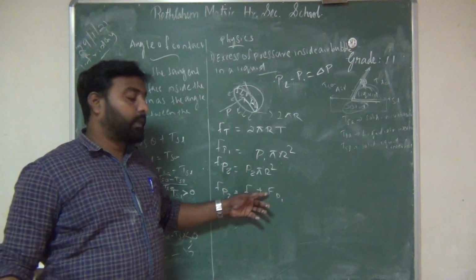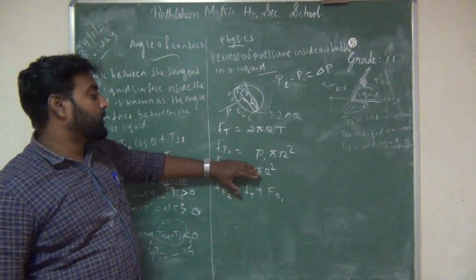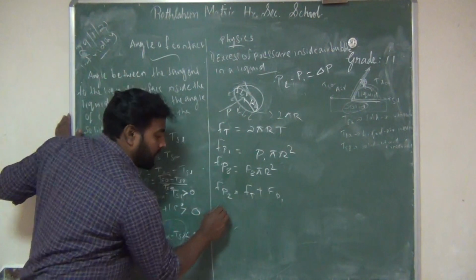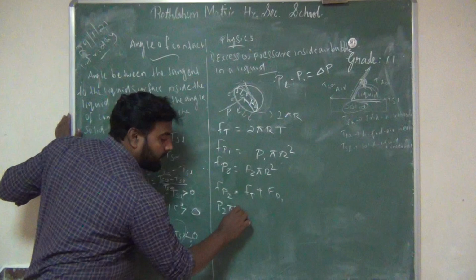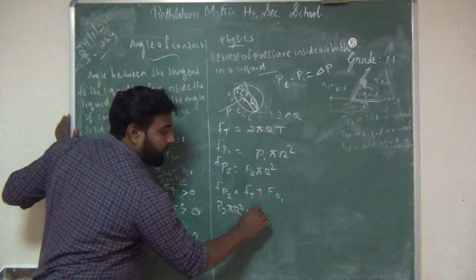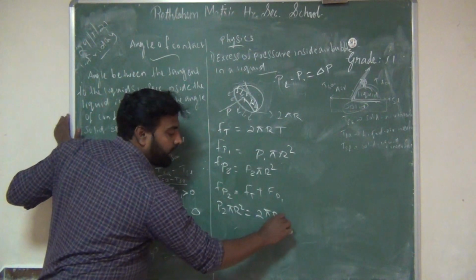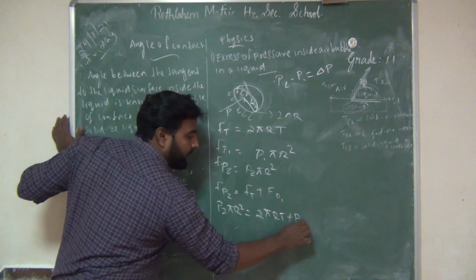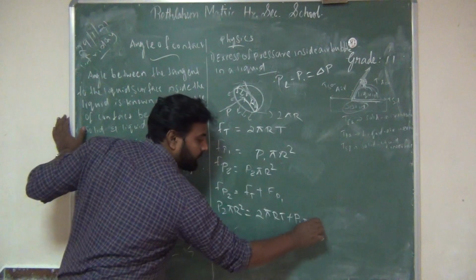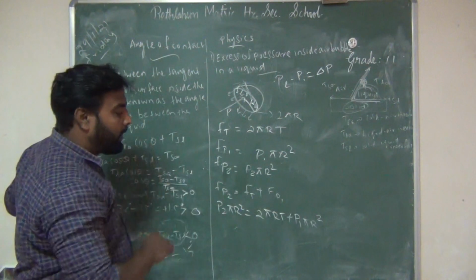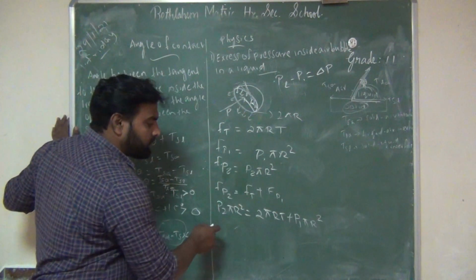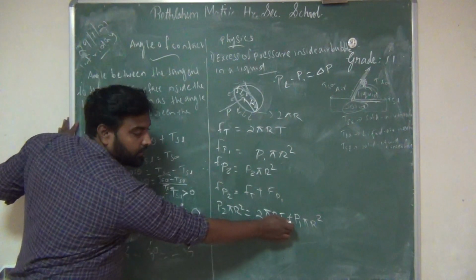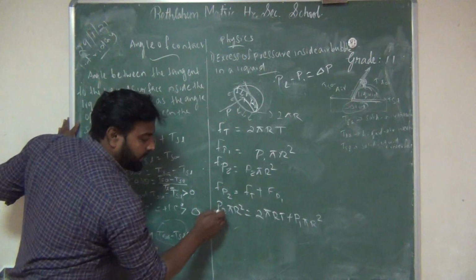Fp2 is equal to Ft plus Fp1. We have to add these two. So P2 pi r square is equal to Ft, which is 2 pi r T, plus P1 pi r square. Now take the term P1 pi r square to this side.